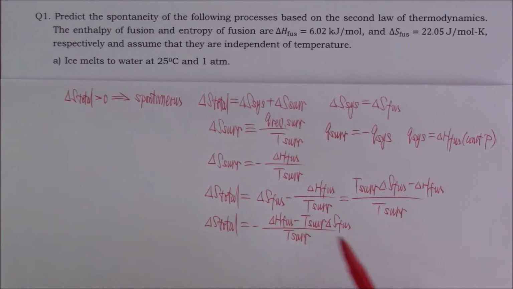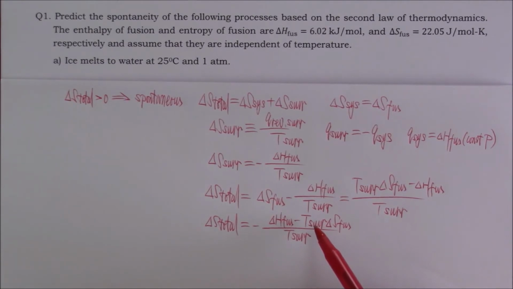In other words, if the top term is negative, the process is spontaneous. But compared to delta S total, we can use the system parameters plus the temperature of the surroundings to predict the spontaneous direction. To use the system parameters is more convenient than to calculate the two parts.